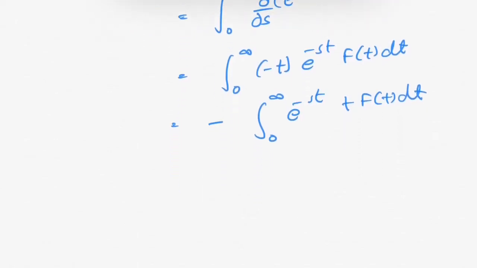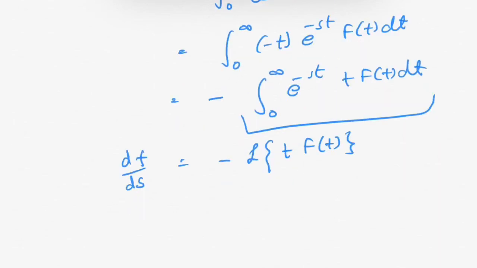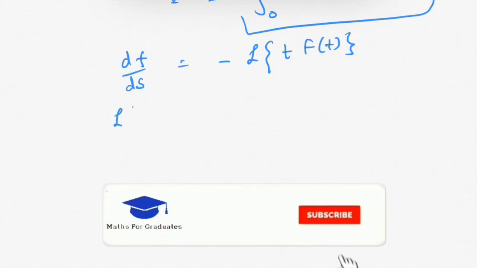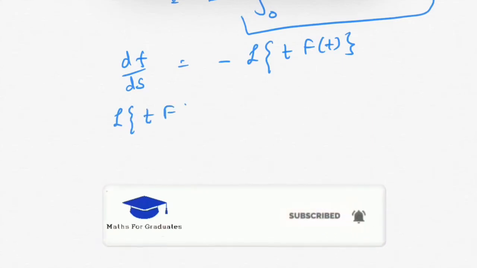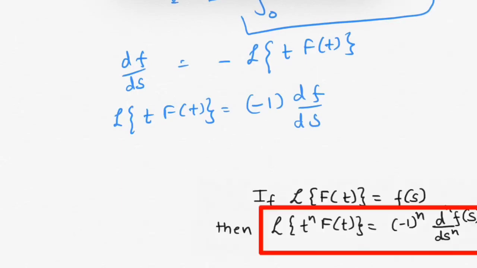Now by definition, this is the Laplace transform of t f(t). So we have minus the Laplace transform of t f(t), and this equals dF/ds. So the Laplace transform of t f(t) equals (-1) dF/ds. You can see this formula is true for n equals 1.